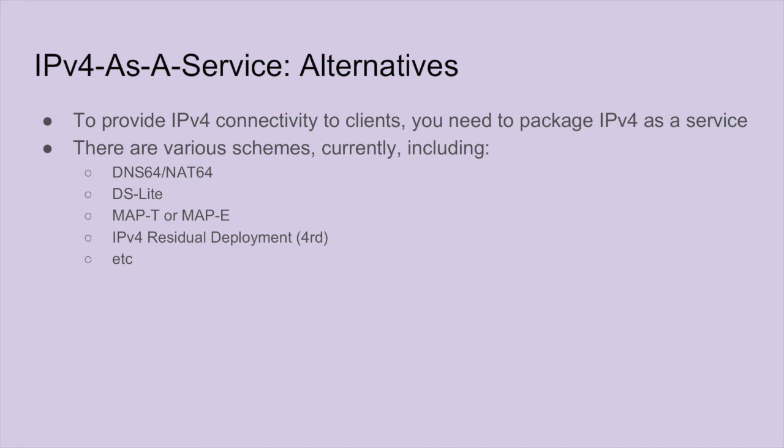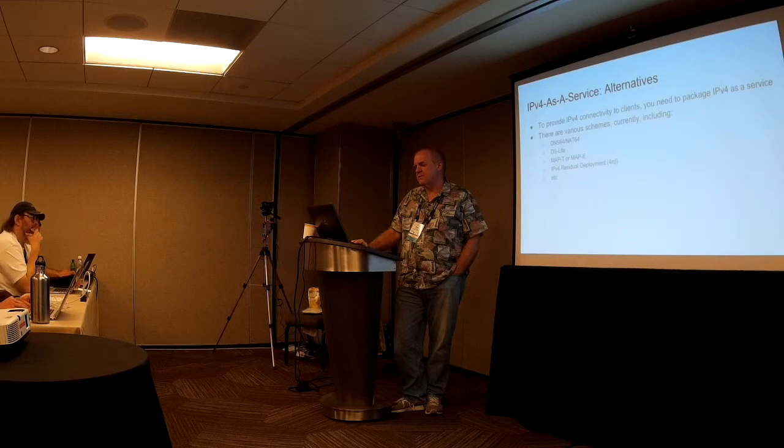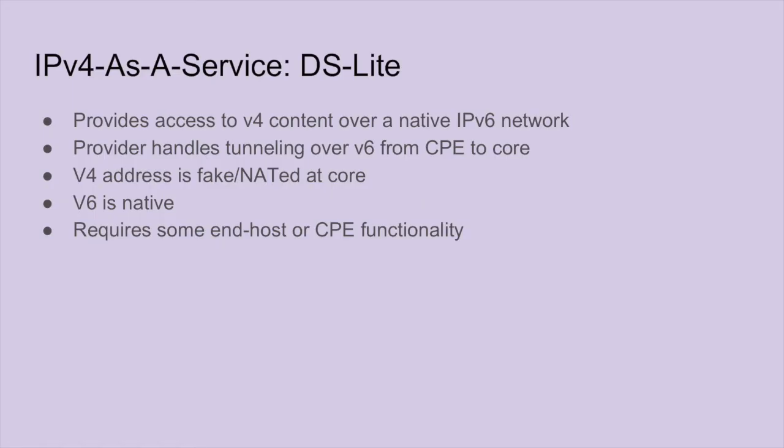Right. So 464XLAT, residual deployment, is another interesting scheme, which is less implemented now than NAT64 and DNS64. DS Lite, as I said, I believe is mostly in Europe, and it requires you to have either CPE or the end user put stuff on their box, which is not what we're looking for.